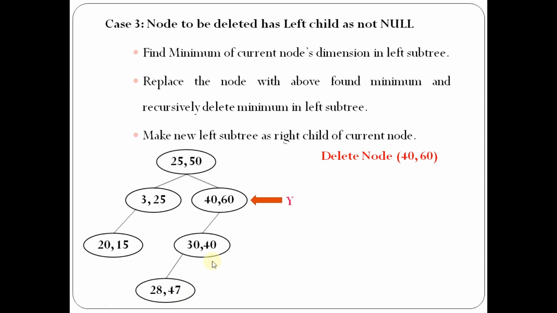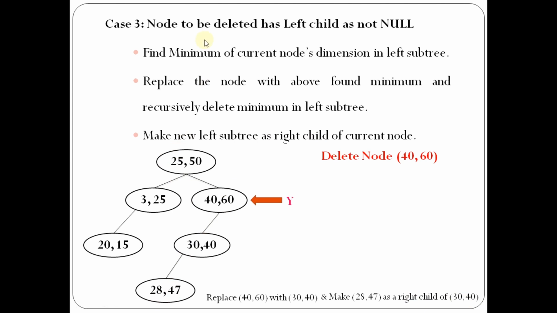The minimum in the y dimension is one node having a value 40 and the second one having a value 47. The minimum value is 40. So we have to replace 40 comma 60 with the node 30 comma 40. And the last point is to make the new left subtree the right child. The left subtree of 30 comma 40 is 28 comma 47, so we have to shift it and make 28 comma 47 a right child.